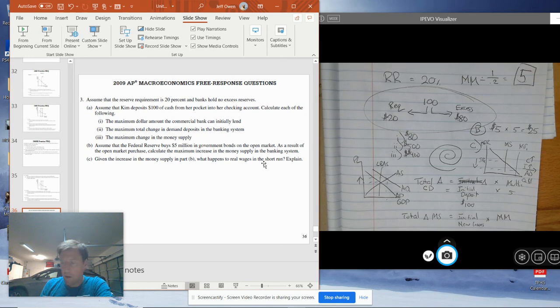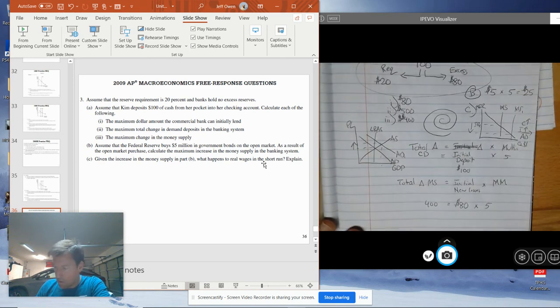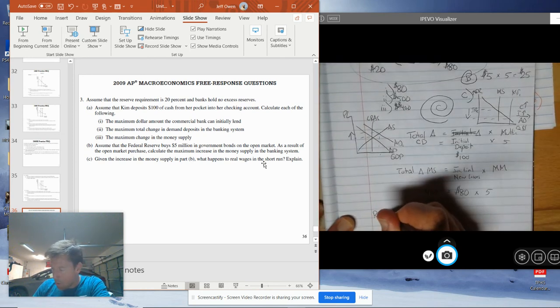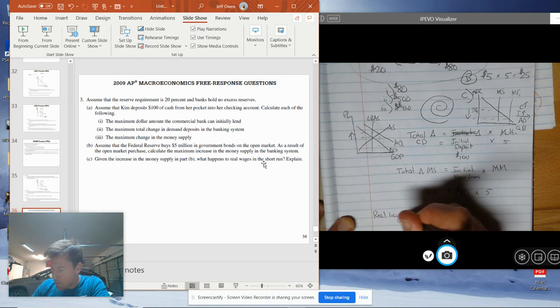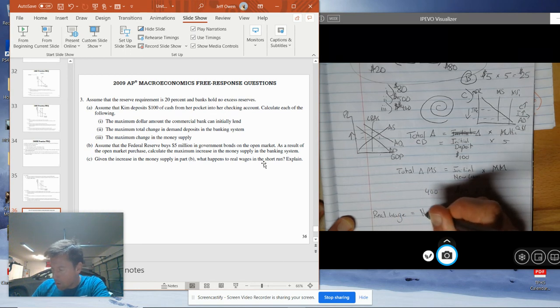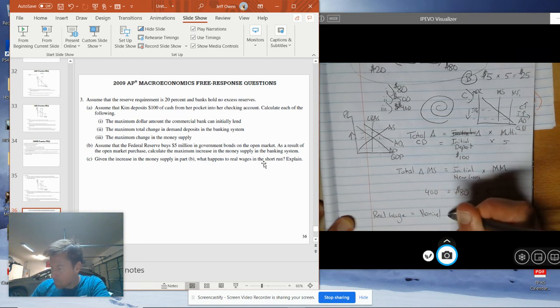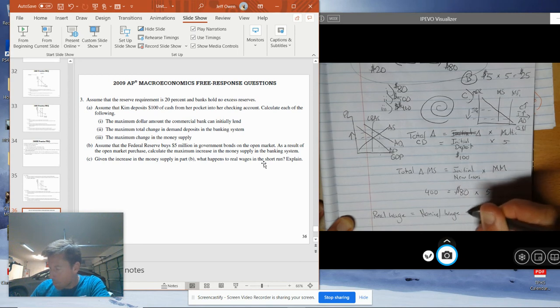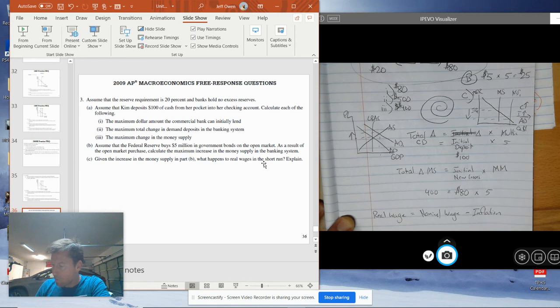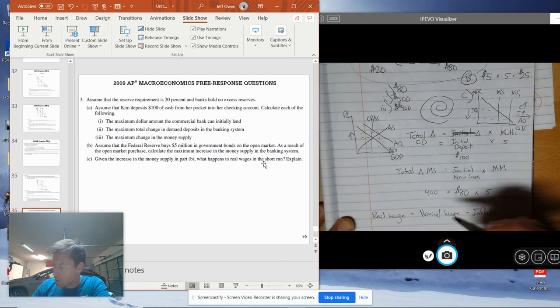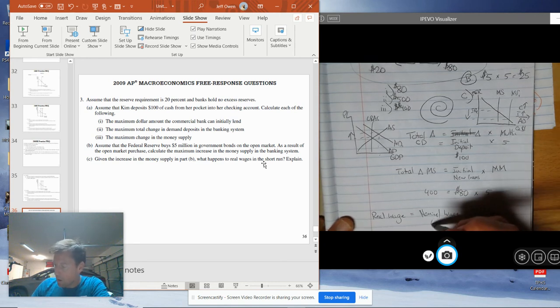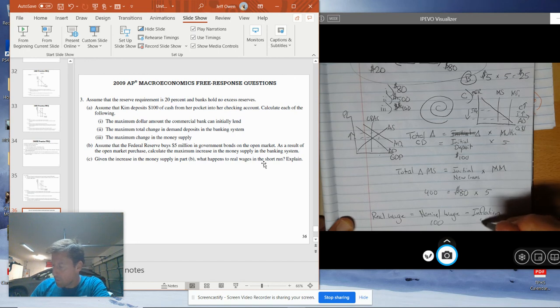Why? Because a real wage equals your nominal wage minus inflation. So let's say my nominal wage was $100 and inflation was 5%.